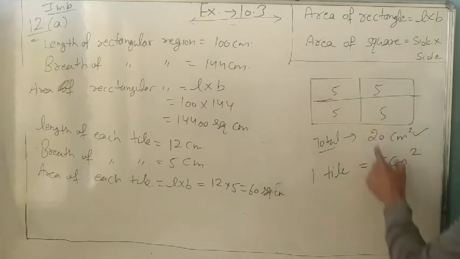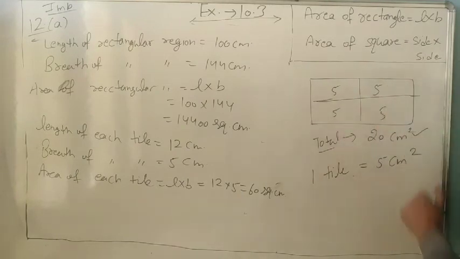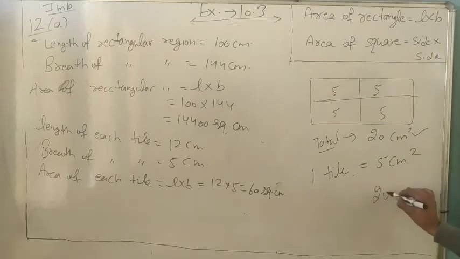The total area is 20 and the area of one tile is 5. How many tiles? There are 4 tiles.